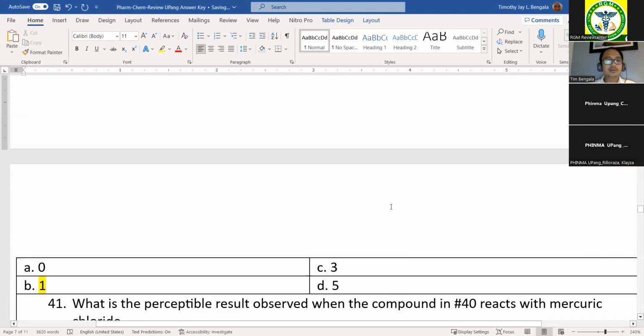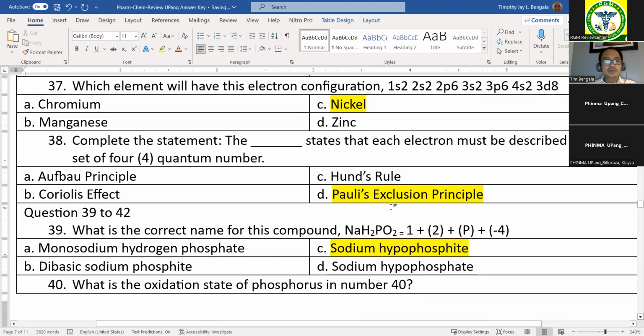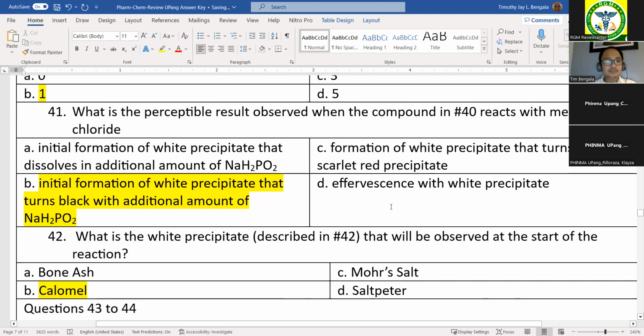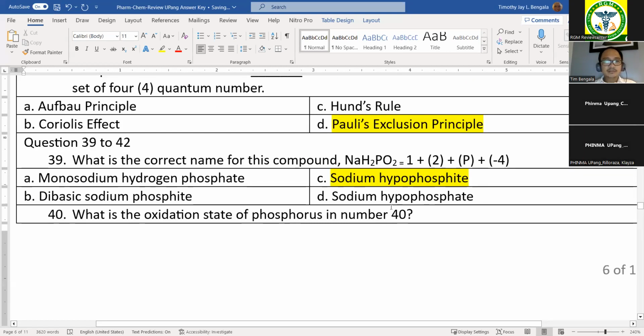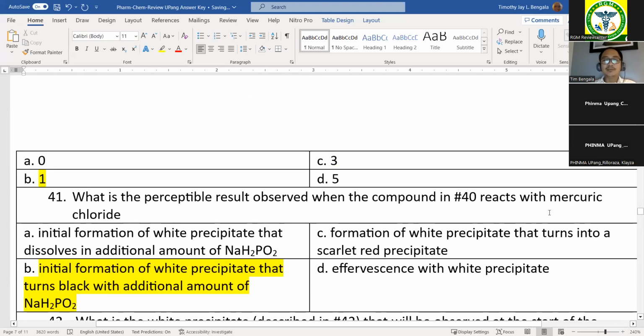Why did the question disappear? Okay, so compound number 39, the hypophosphite, reacts with mercury chloride.